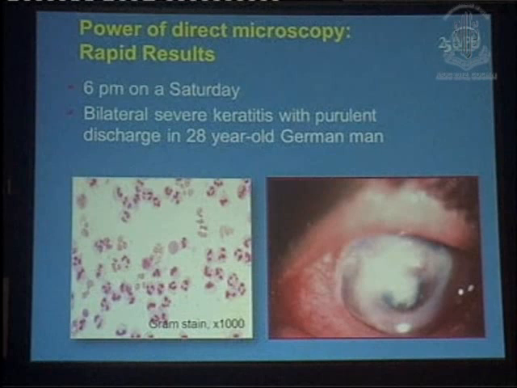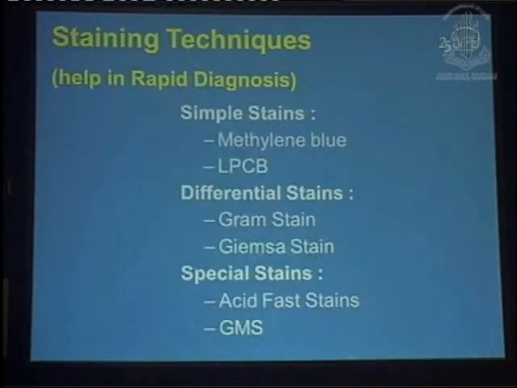This is a gram stain, and this polymorphonuclear cell has gram-negative cocci, and these gram-negative cocci are present everywhere in the field also. It's very easy to find them, and this is nothing but gonococcal keratitis. So the diagnosis was made within half an hour or 1 hour, just on the basis of gram stain, which would not cost anything at all.